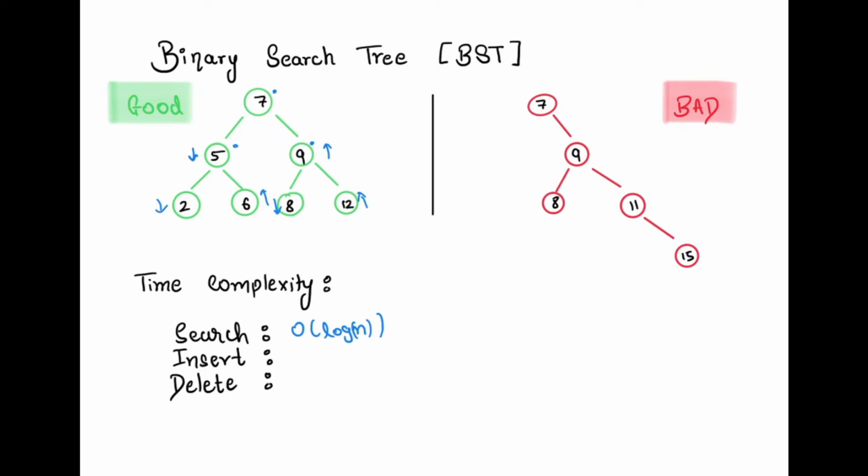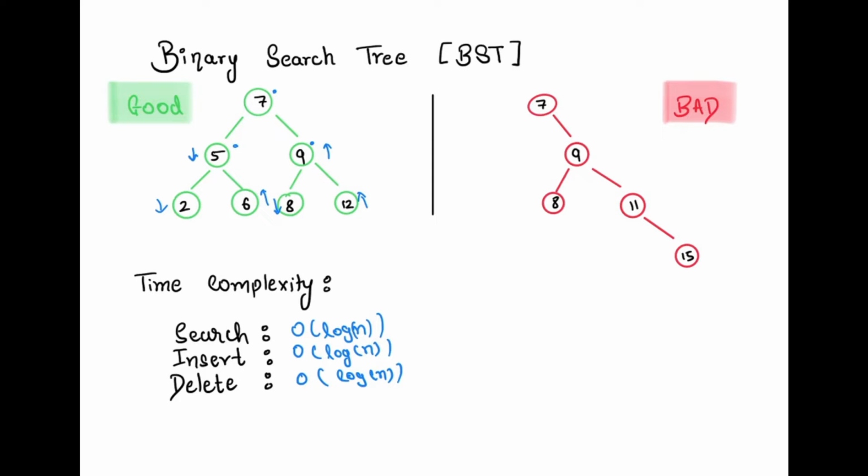But the additional advantage that we get in a binary search tree is we can not just search an element in O of log n time, but we can in fact insert elements in O of log n time on average, and we can also delete elements from the binary tree data structure in O of log n average time.